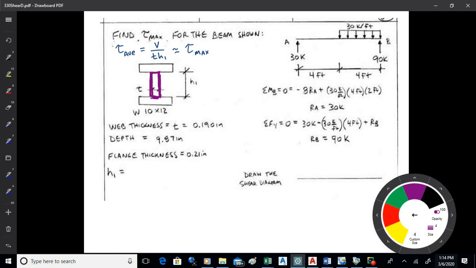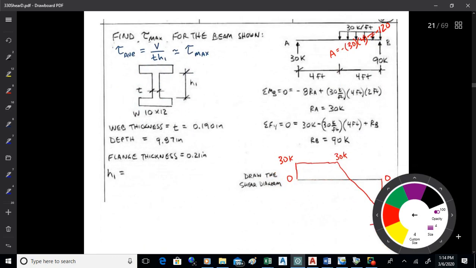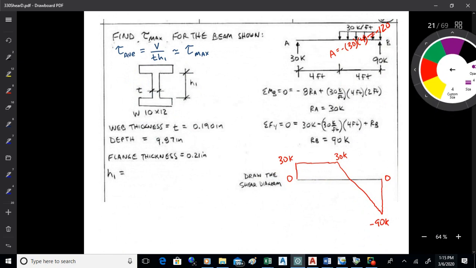Something like that. So that reaction takes you up to 30 kips, and that area there is minus 120. That takes you down to a negative 90. That's a straight line.